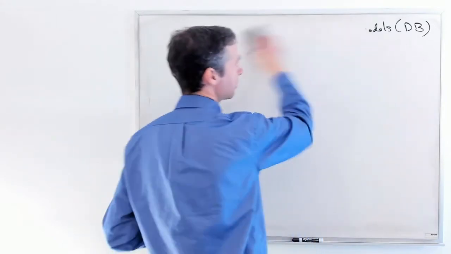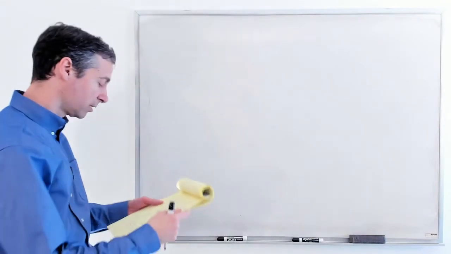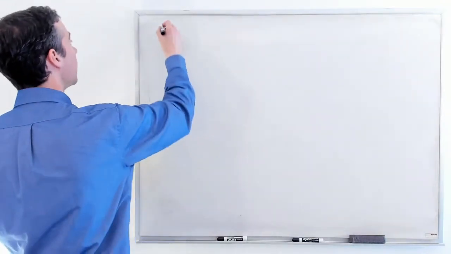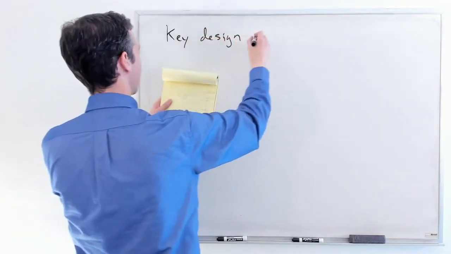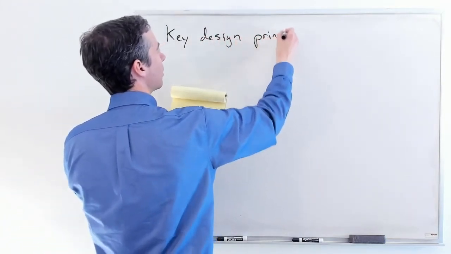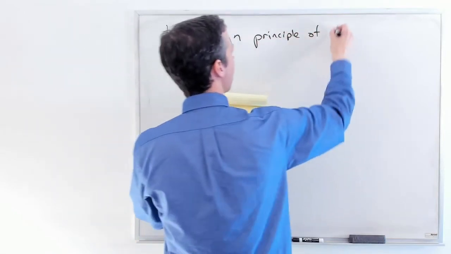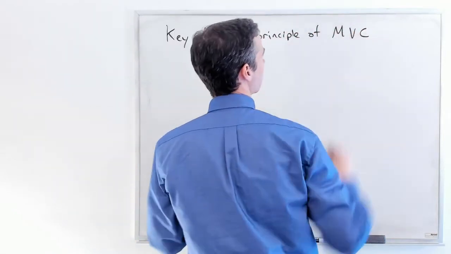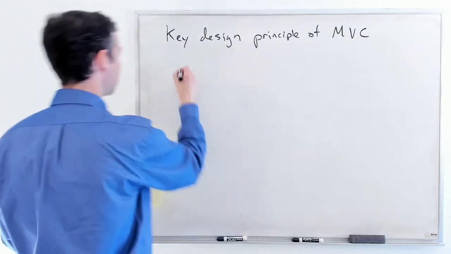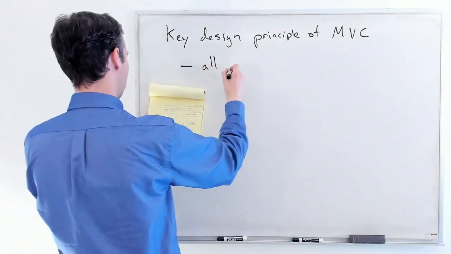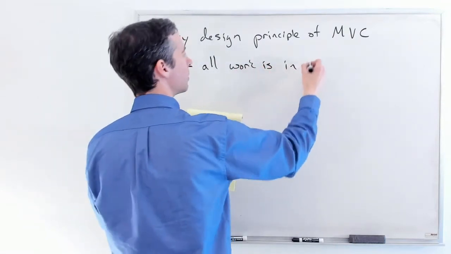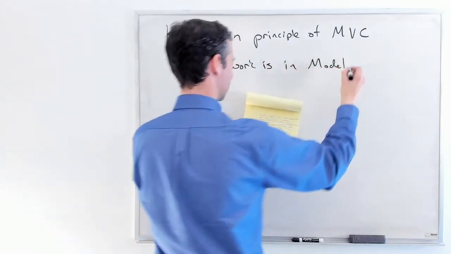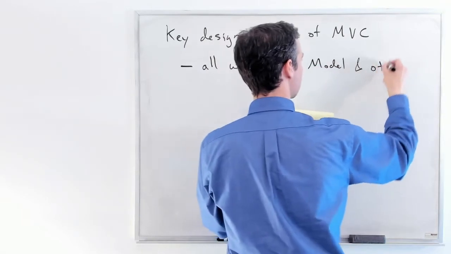So that's the basics again of Rails. I mean, as you know, there are a gigantic amount of details associated with getting it all to work, but a key design principle of these model view controllers is really all work is in the model and other classes.